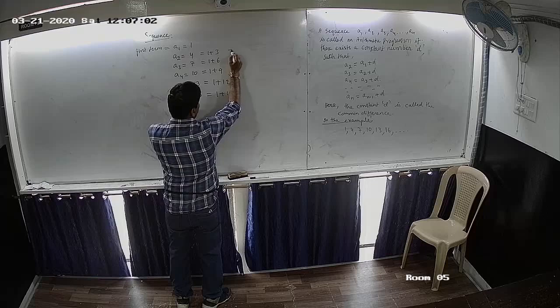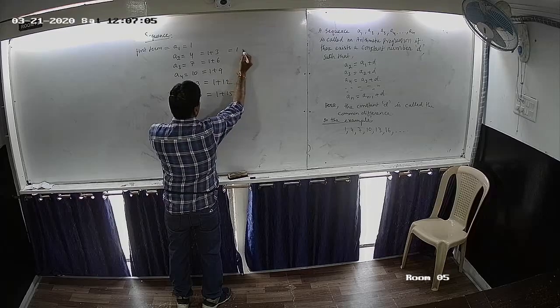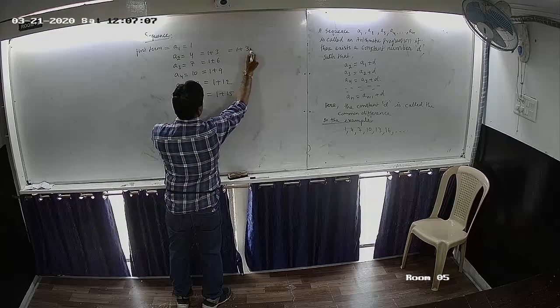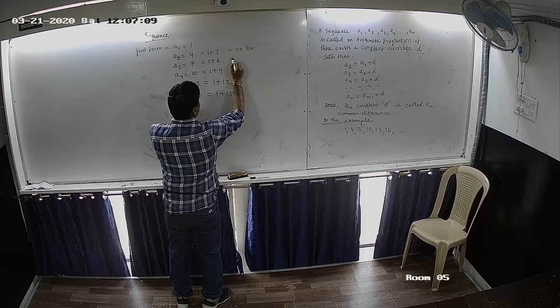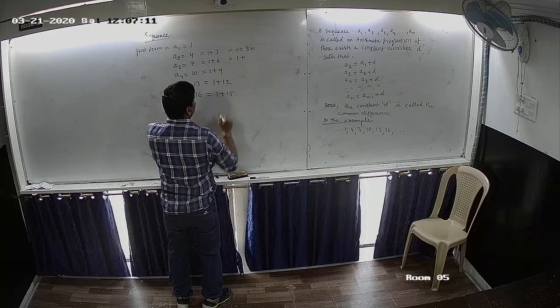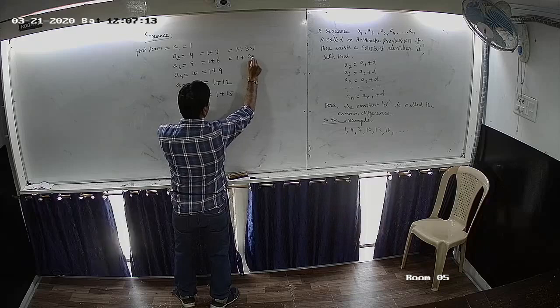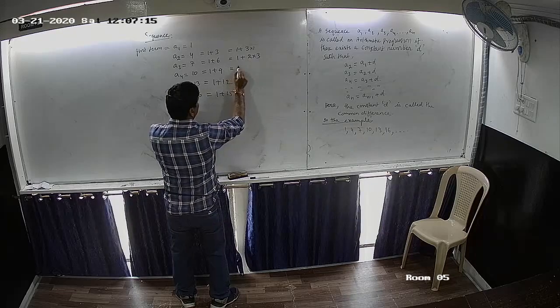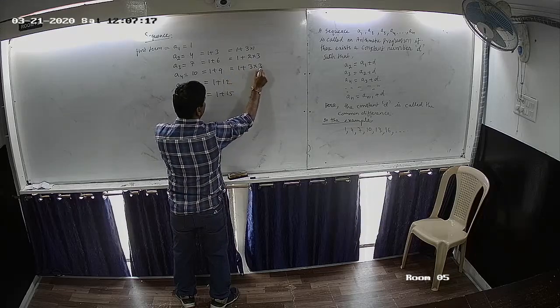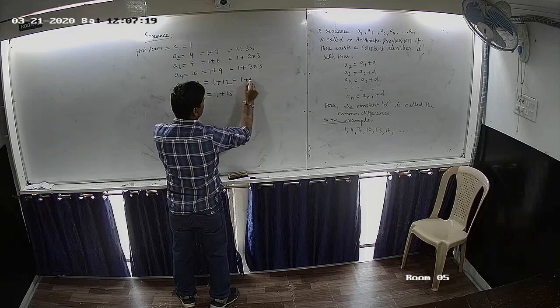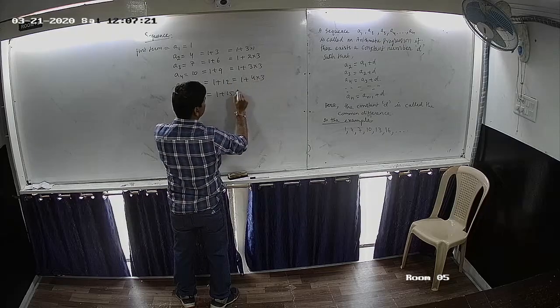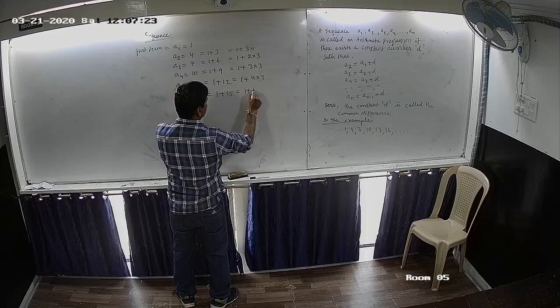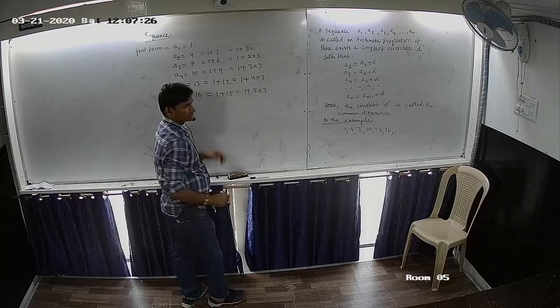Further, this can be written as 1 plus 1 into 3, 1 plus 2 into 3, 1 plus 3 into 3, 1 plus 4 into 3, 1 plus 5 into 3.